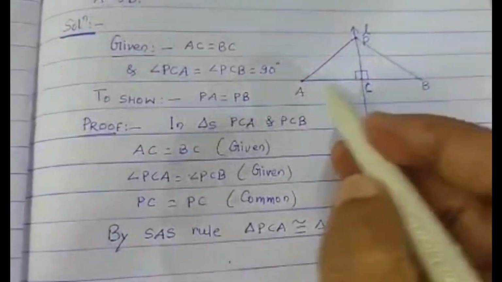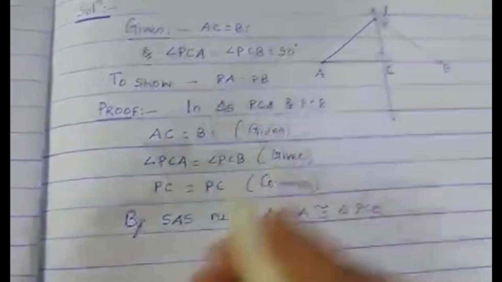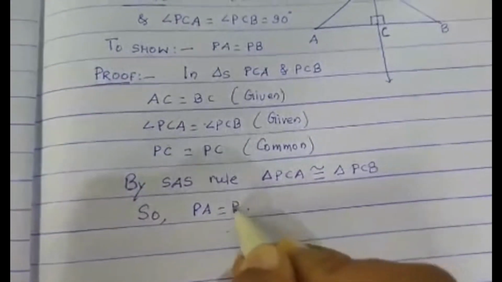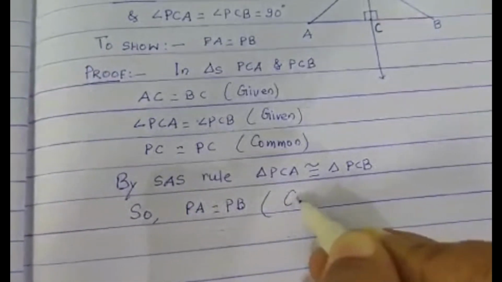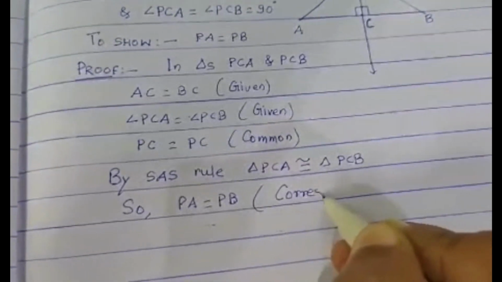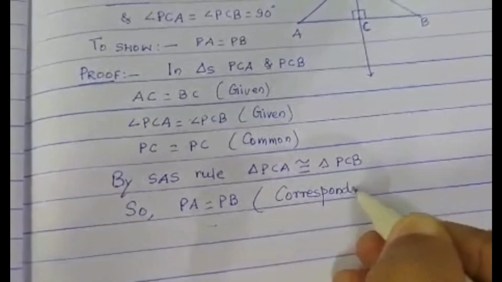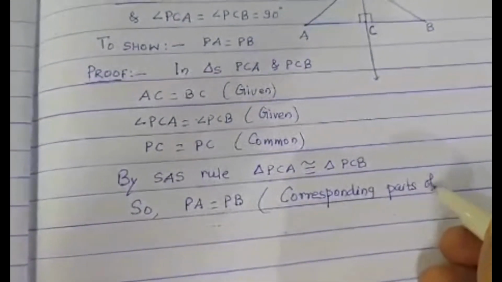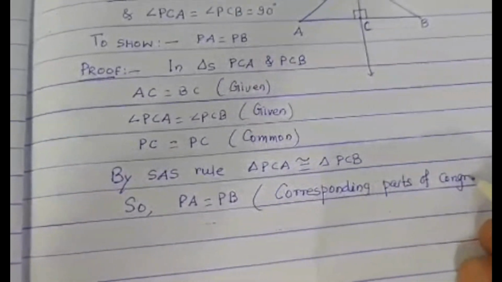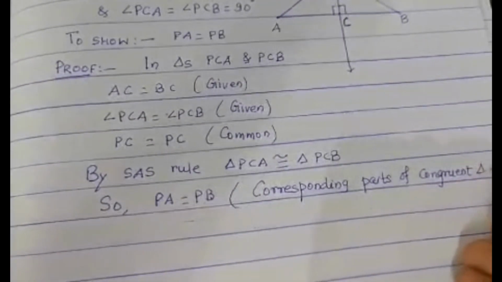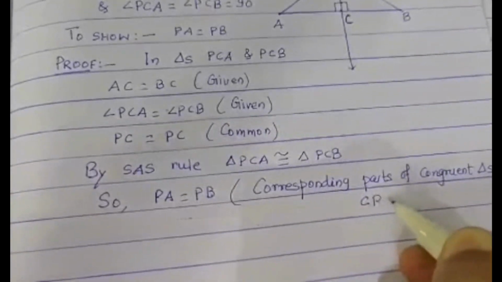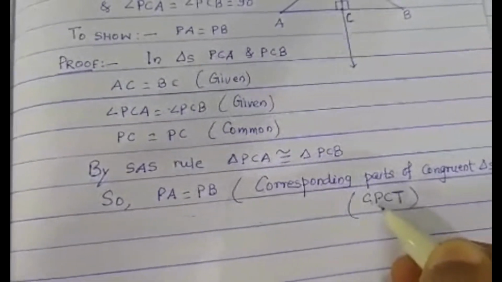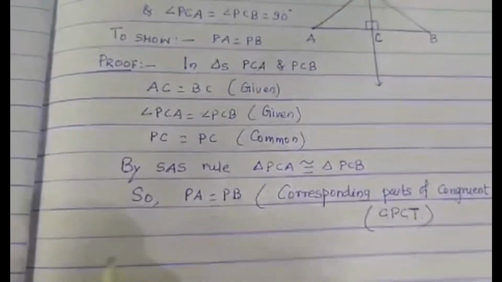And when these two triangles are congruent, we can directly say that PA equal to PB, by corresponding parts of congruent triangles, in short CPCT.